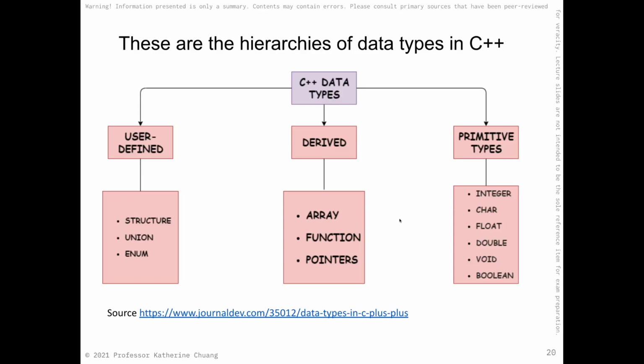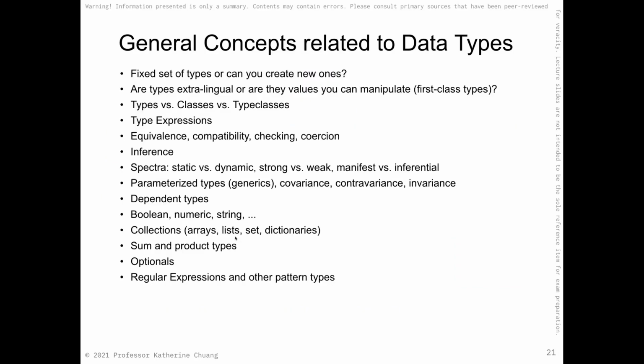You would have derived types, and then you can have user-defined types. And then there's different rules for each of those. So when you're working with a programming language, like if you're learning a new language, you're just learning the rules that the programming language designer has laid out for you to work within.